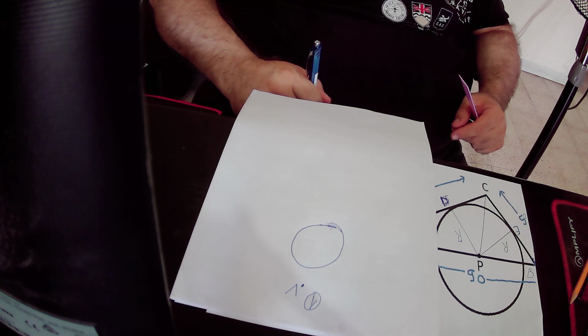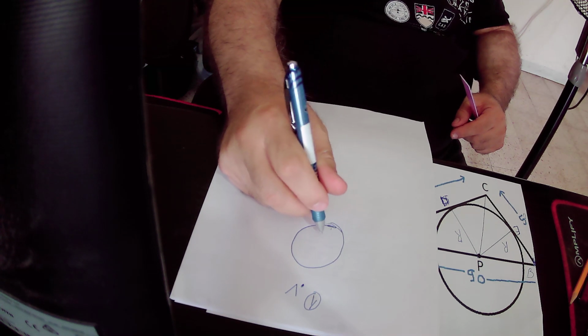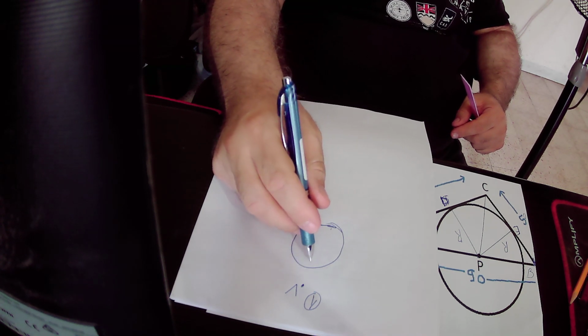It is external because point V is not inside the circle and is not on the circle.